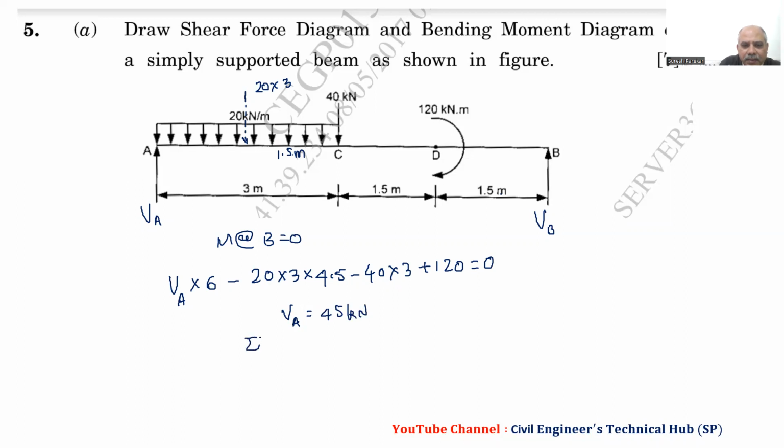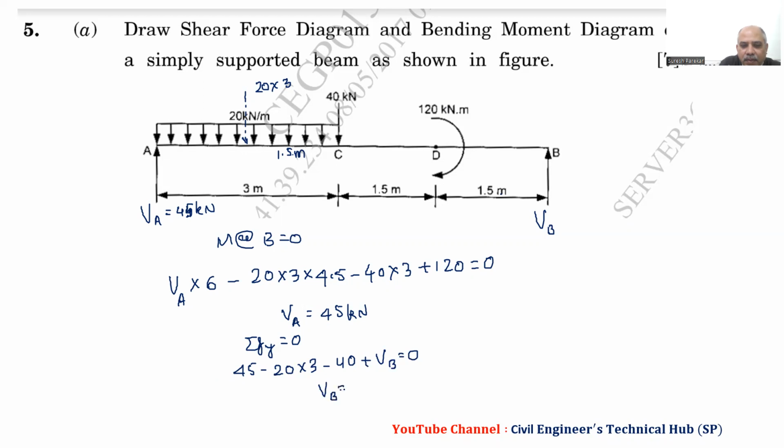Now we will apply summation Fy equal to 0. By this we will get, VA now becomes 45. So we have 45 minus 20 into 3 minus 40 plus VB equal to 0.